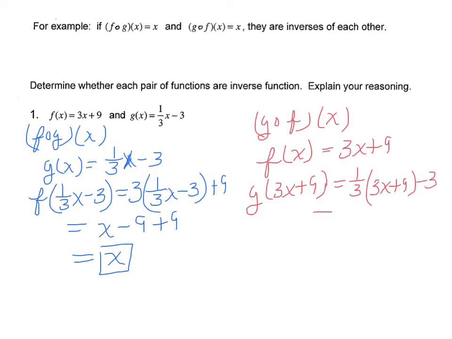Okay, let's do some distributive property. 1/3 times 3x is 1x, which is x. 1/3 of a positive 9 is plus 3 minus 3. 3 minus 3 cancel each other out, so I end up with x. Both compositions came out to be x's, so we can say yes, they're inverses.